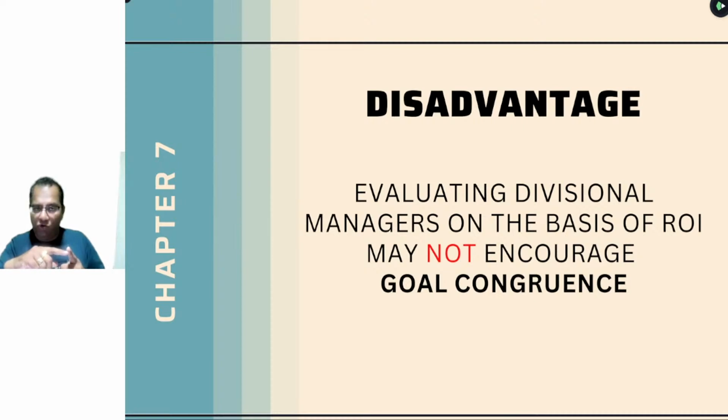The first one is goal congruence, the second one is controllable factor, and the third one is long-term and short-term objective. The very first characteristic is not fulfilled by the financial model ROI; it may not promote goal congruence. What does it mean? The decision taken by the department may be in the interest of the department, but that will not benefit the company as a whole, right?